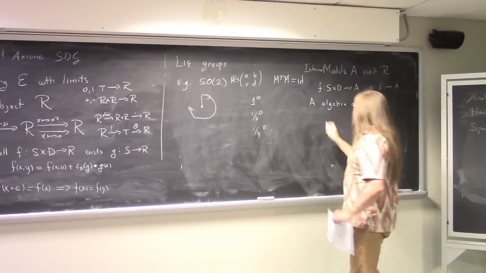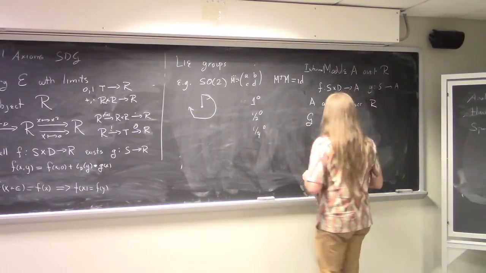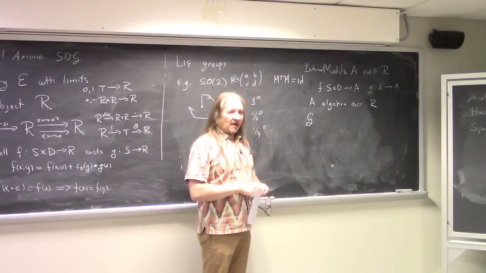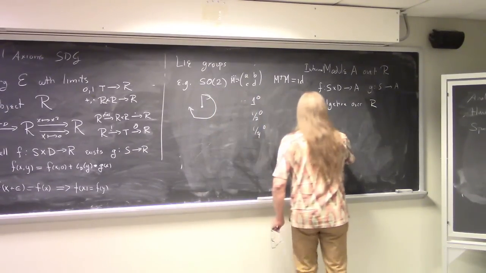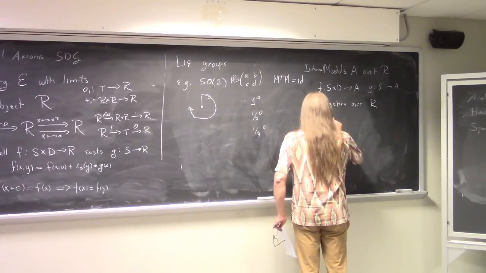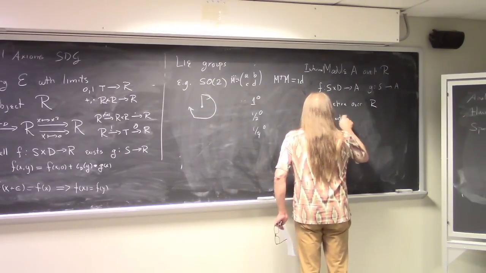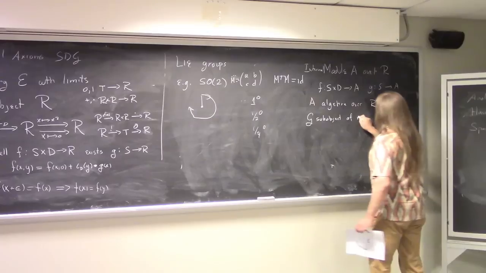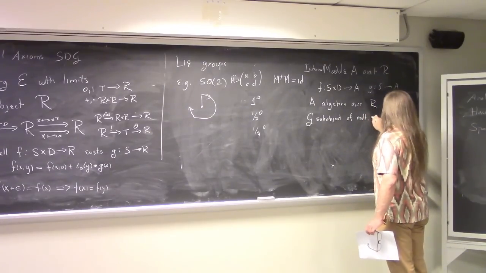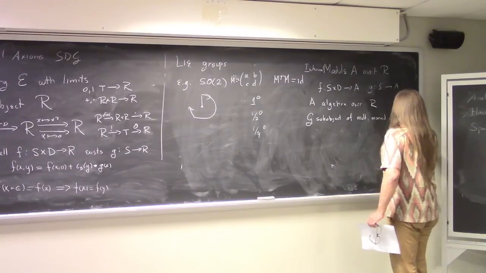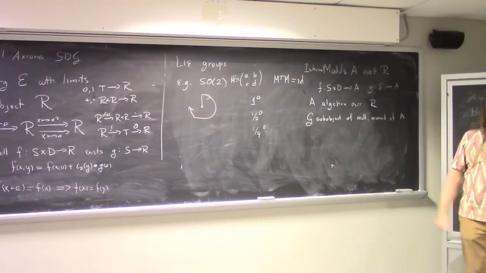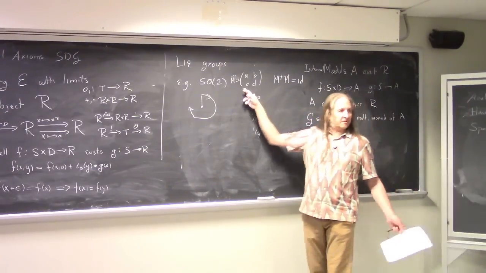And so now I can say, suppose I have a group G that sits inside the multiplicative monoid of A, a subobject of the monoid of A. And again, you can think of this classical example.